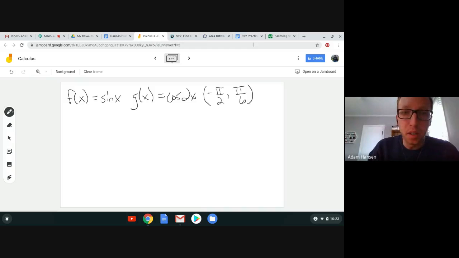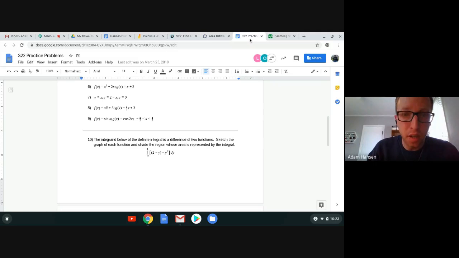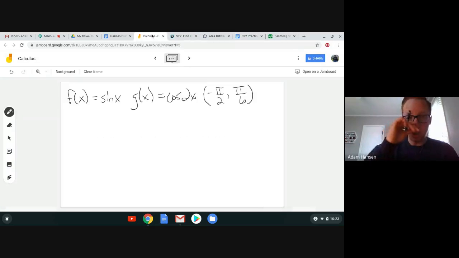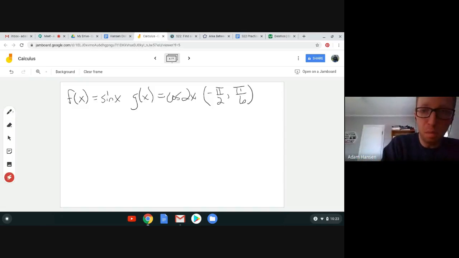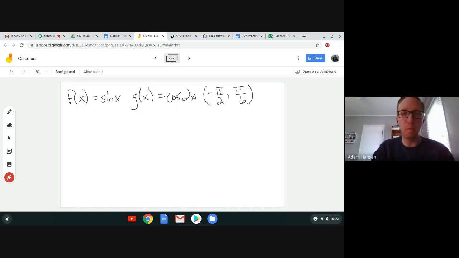Make sure I got that right here. Sine x, cosine 2x, negative pi over 2 and pi over 6. I think I got that right. Okay. So these should be the bounds for our definite integral. Now I just need to know which function comes first, which one's on top, which one's on bottom.